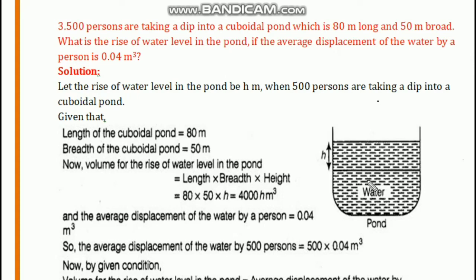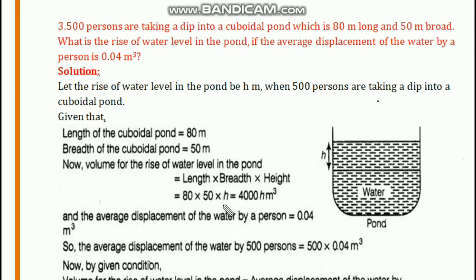The volume for the rise of water level in the pond is equal to the average displacement of the water by 500 persons. Okay, so the water level is rising, and that volume is equal to the average displacement of 500 persons.